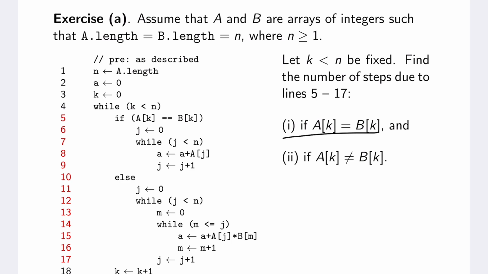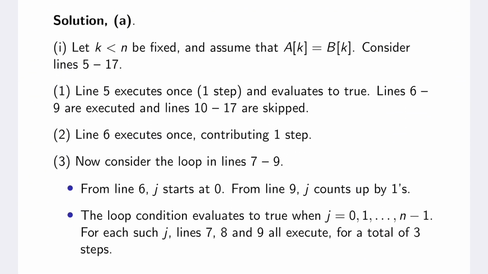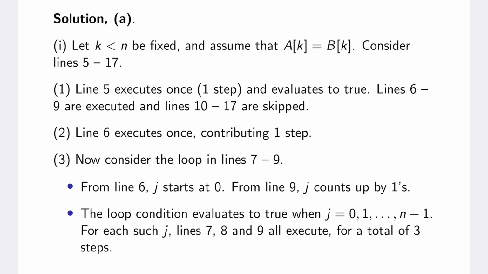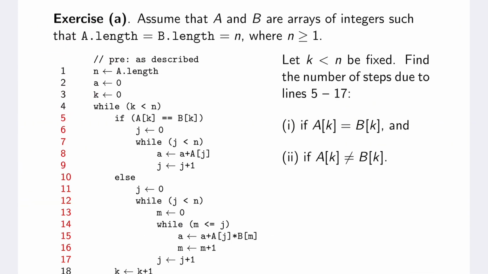As per the example, we're going to start by assuming that A[k] equals B[k] for every k. So the two arrays are equal. Oh yeah, and we're only considering the lines inside of lines 15 to 17.